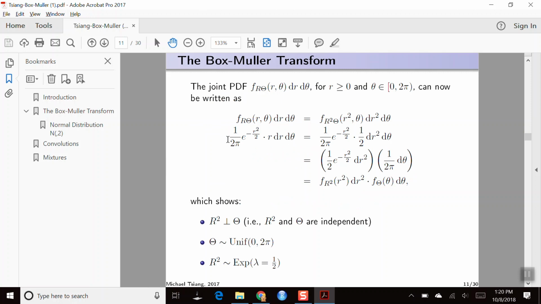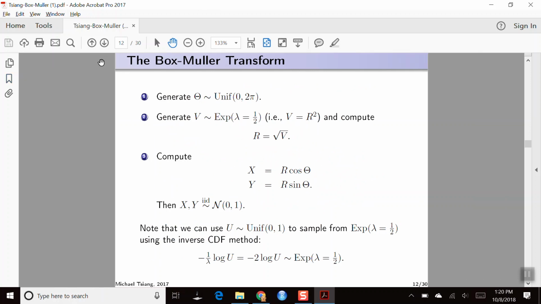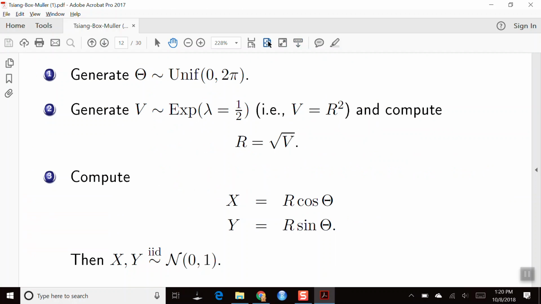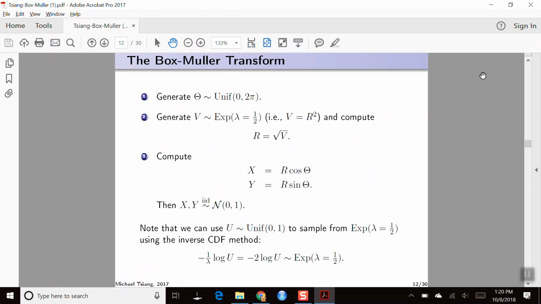Having issues. Okay. So anyway, we have this, and then again, using inverse transform method or inverse CDF method, getting values from the exponential distribution is not difficult for us.